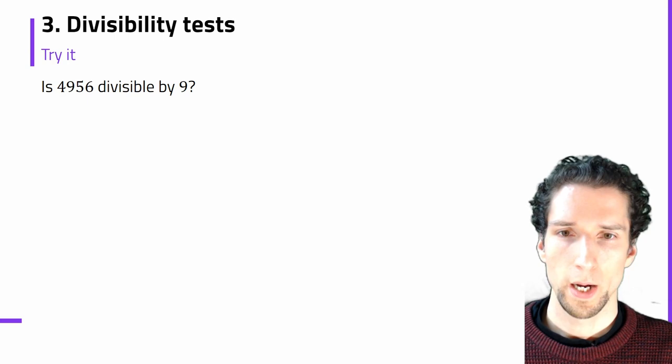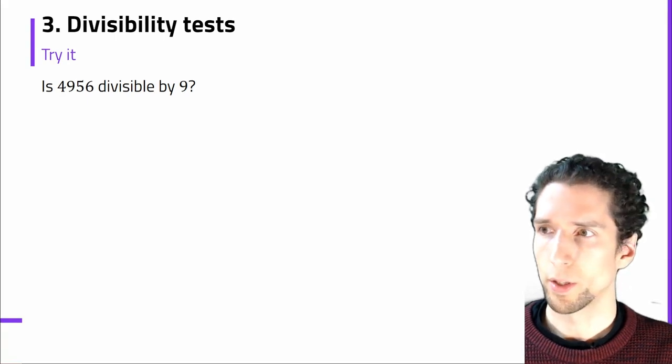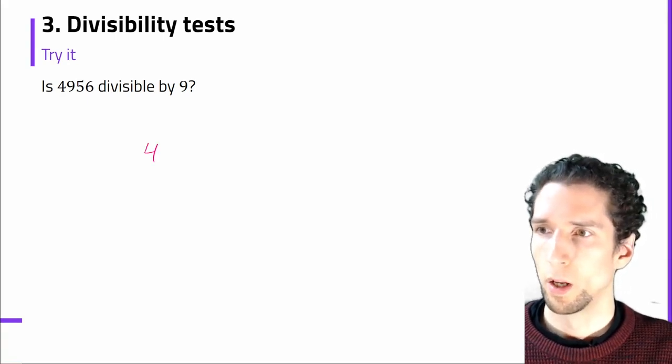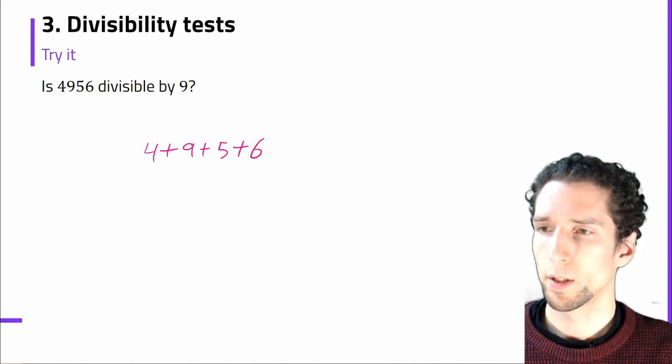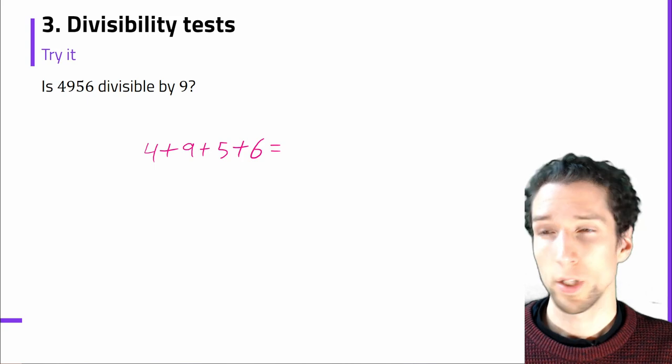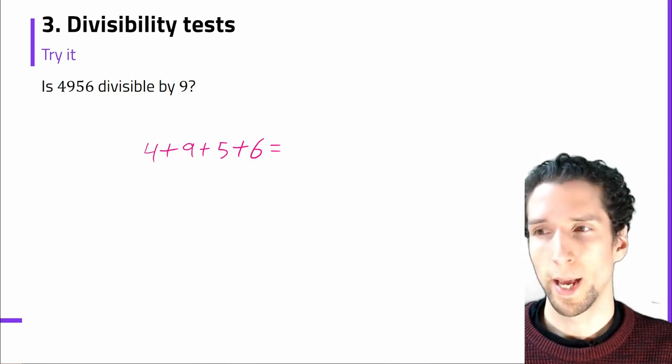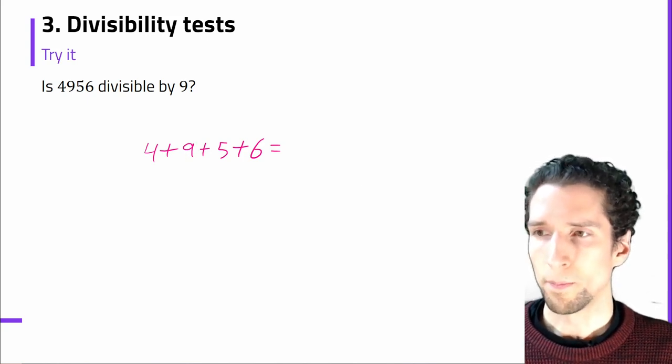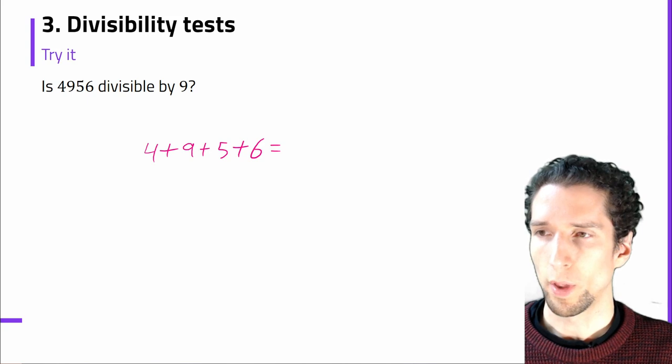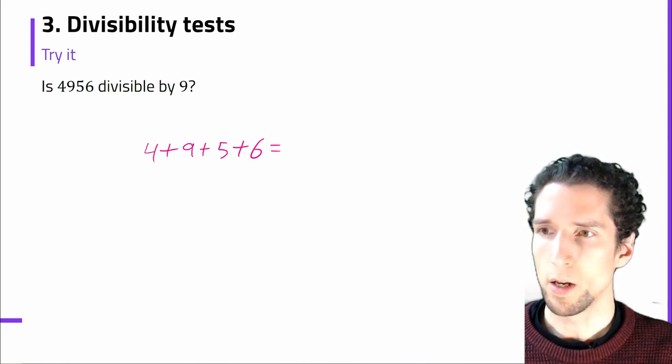Let's do my turn here, which is number 4 plus 9 plus 5 plus 6. So just like with the 3s, I don't need to actually add 9 and check that because it's not going to change the result. But let me just show you that quickly. So if we added these up, then that's 13, 18, and 24.